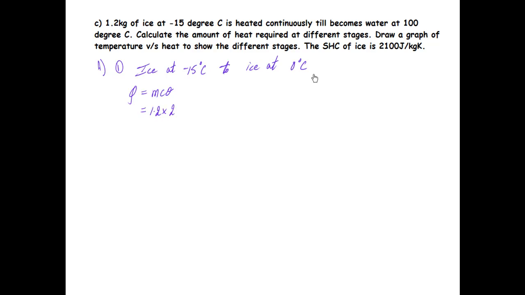C of ice is given to you here as 2100 joules per kg Kelvin, and theta is the change in temperature, which is 0 minus 15. So that will become plus 15, and the answer turns out to be 37,800 joules.